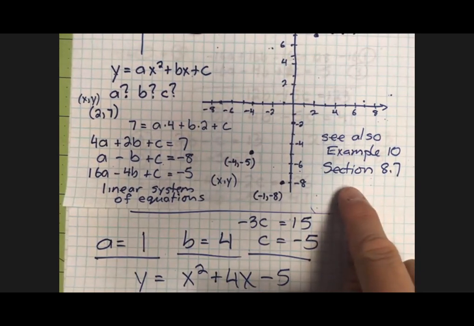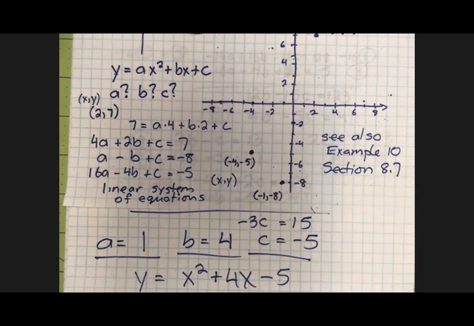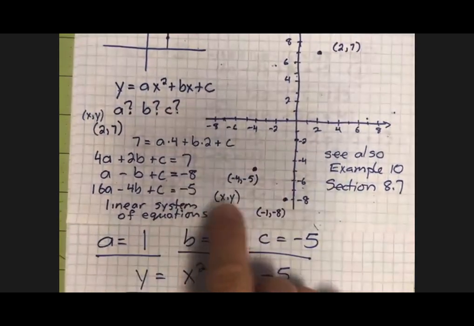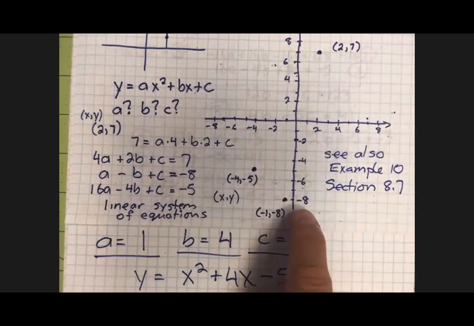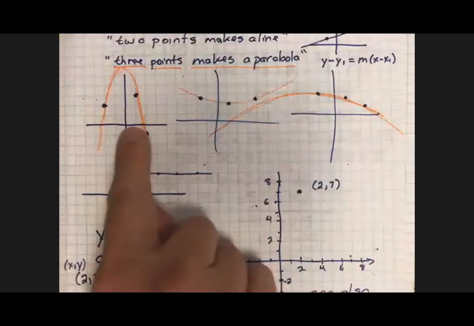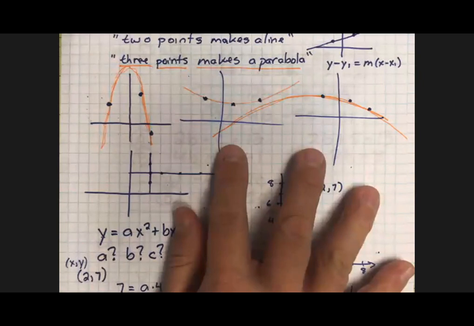He does it again with a different 3 points. So you can practice it again. Actually, this is not a bad skill. It's kind of important that if someone gives you a list of points, you should be able to fit a line or a parabola to those points.